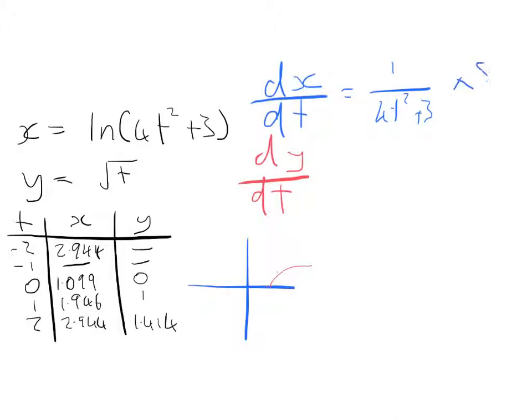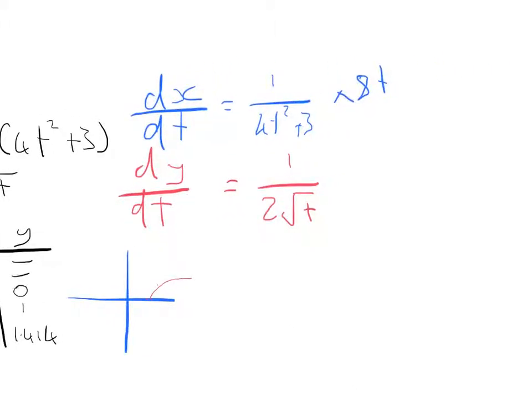This one's nice and easy, it's 1 over 2 root t. So to clarify, dx over dt is going to be 8t over 4t squared plus 3.